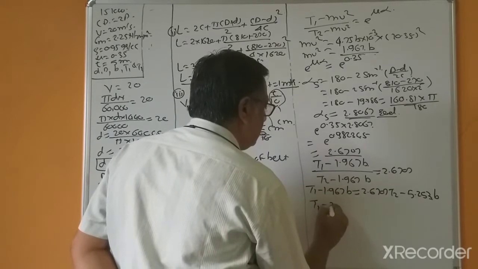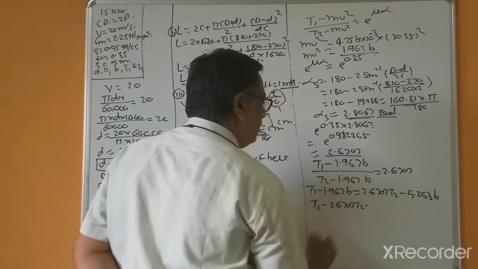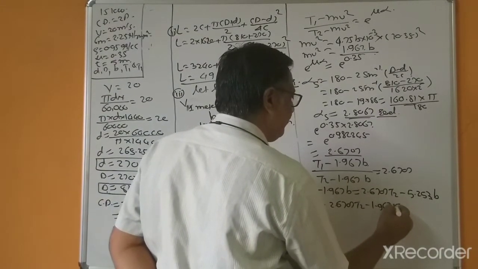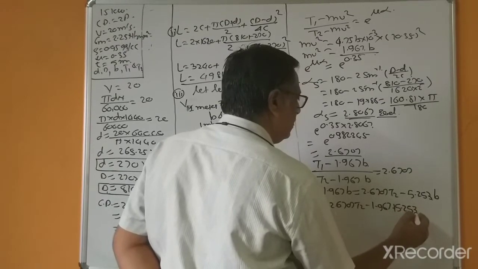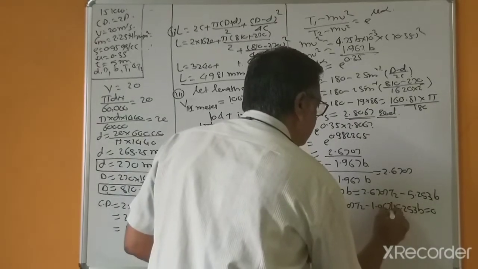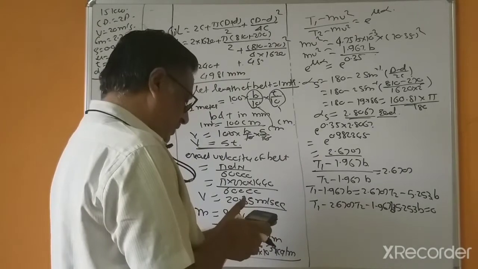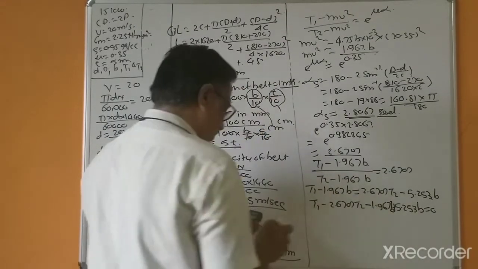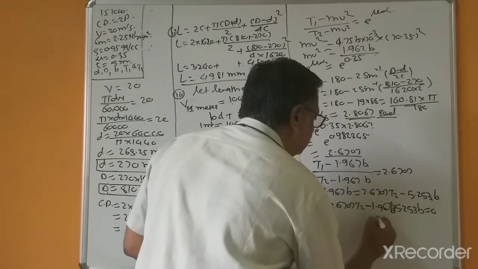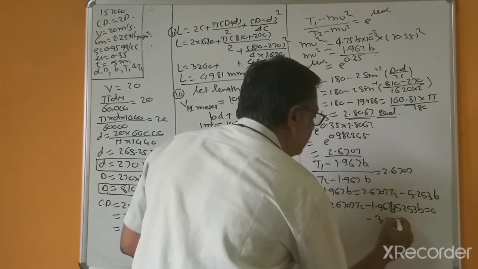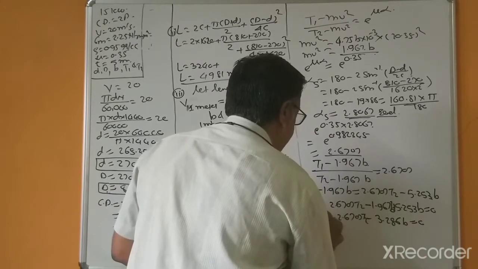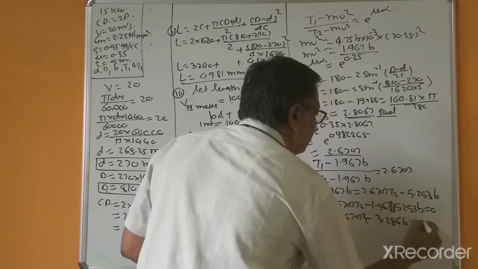Now take all terms to the right hand side: T1 minus 2.6707 T2 minus 1.967b plus 5.253b equals 0. This gives T1 minus 2.6707 T2 plus 3.286b equals 0. This is the first equation.